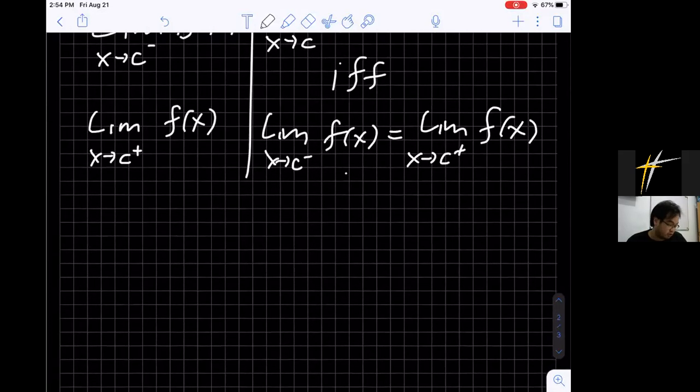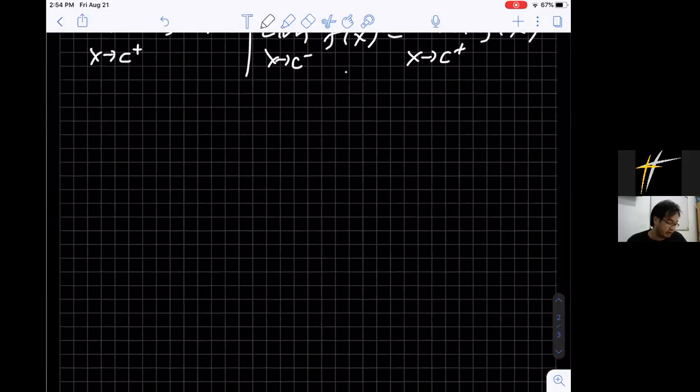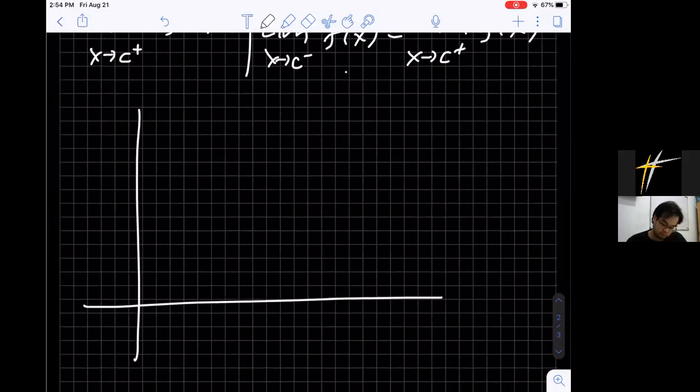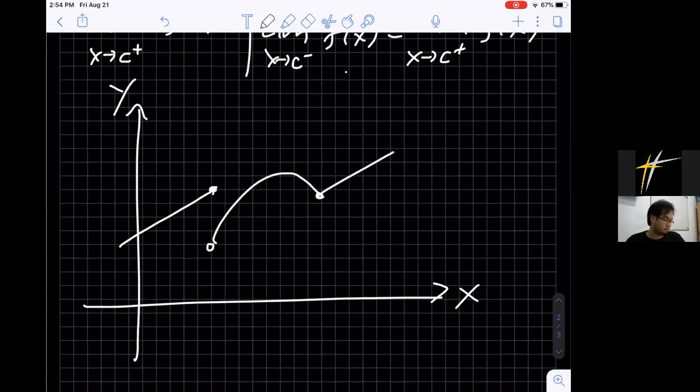If we see figure 2.4k, I will draw it for you so it's easier. Okay, there is this one, and then an open circle, like a quadratic, then it continues like this.